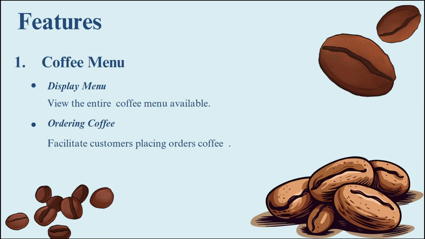And then next, ordering coffee. It will require the customer to input their name, the ID of coffee, and the quantity of coffee that the customer wants to buy. When we finish, it will print the receipt.